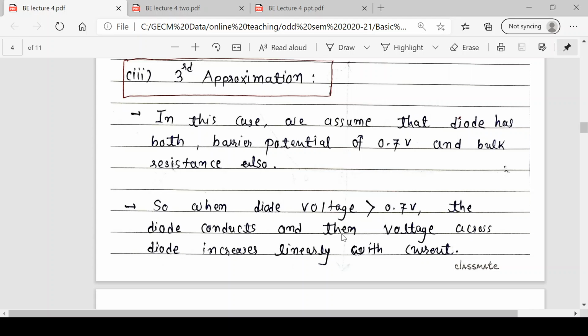Because there is bulk resistance present, there will be a drop across the diode, I_D R_B. So if you increase the voltage, the current and voltage will increase linearly with each other. That means the current will not become infinite, but current and voltage will vary linearly after 0.7. And if your voltage is less than 0.7, the diode will remain reverse biased with zero current and infinite resistance.